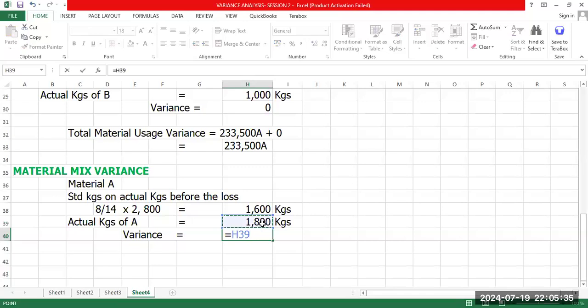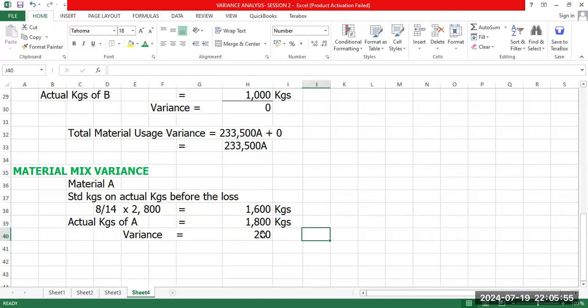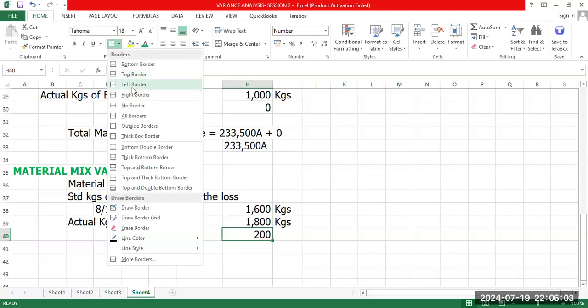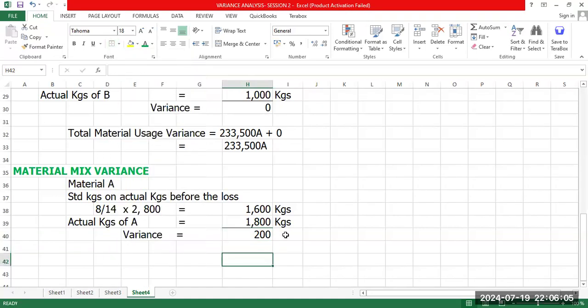The variance is adverse because you used more compared to what was initially budgeted. So this is in terms of kgs, but adverse.